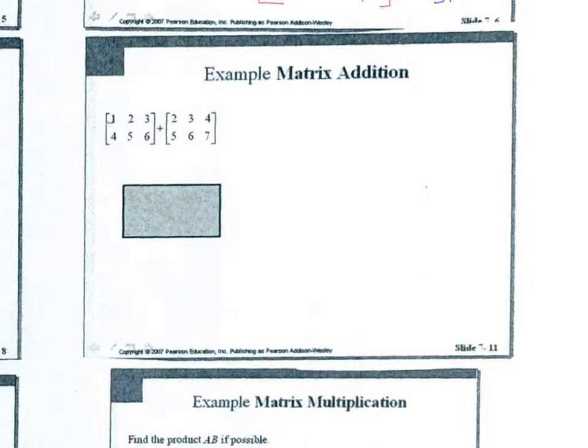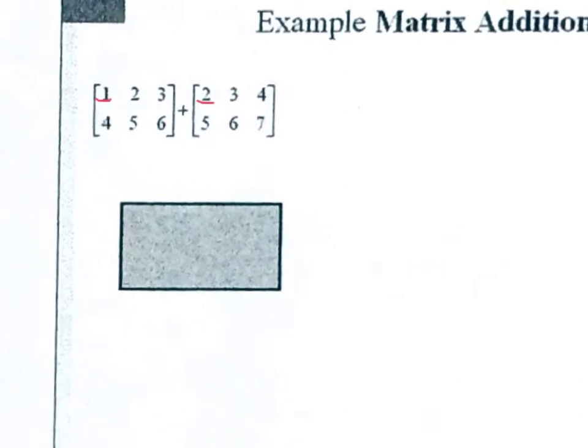So here, like the 1 with the 2, because it's the same row and the same column. So when we add the matrices, you're just going to go, okay, this is 1 plus 2. And then on the second one, that is the same thing as 2 plus 3. I'm just rewriting everything. Later on, we don't have to do that. Just to make sure that we understand. Then 3 plus 4.